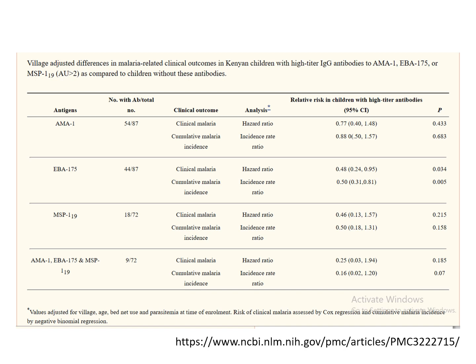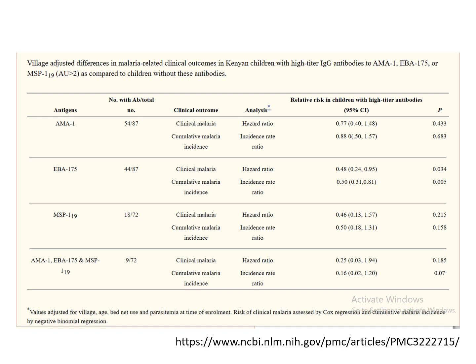The authors used ELISA to determine the titers of antibodies to three antigens: AMA1, EBA175, and MSP119. They looked at the antibody titers towards these three antigens and checked whether the presence of antibody could protect the children from malaria infections.